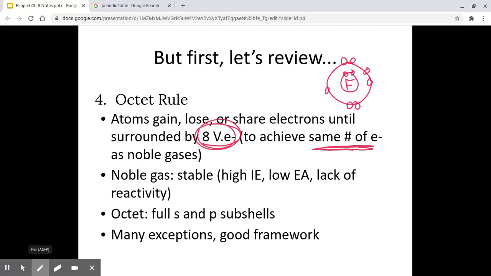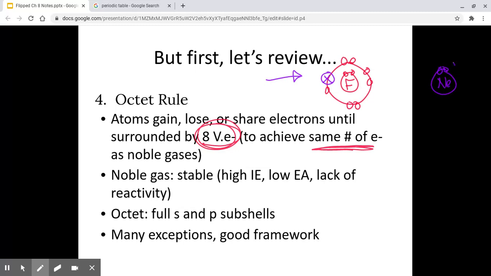It's going to have 9 total electrons, but fluorine is very close to having 8 on the outside, so it just needs 1 more electron here, which it's going to usually gain from another element, bonding with that element, and all of a sudden fluorine has the same amount of electrons in its outer ring as neon.